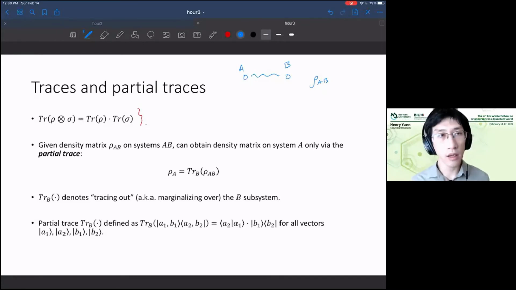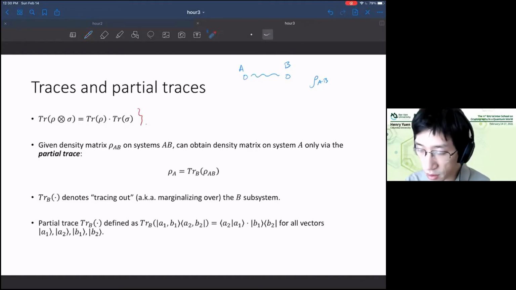But let's say you just wanted to talk about qubit A, right? I don't want to talk about the whole system AB. I just want to talk about A. Then the partial trace allows you to do that. It allows you to talk about the state of qubit A. And let me point out, this is another reason why the density matrix concept is needed, because before, when we just talked about unit vectors, we had no way of talking about just one part of an entangled state, right?